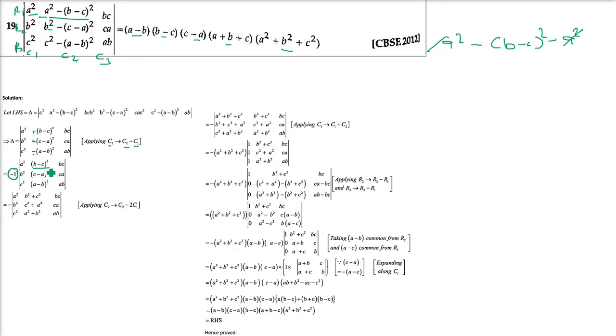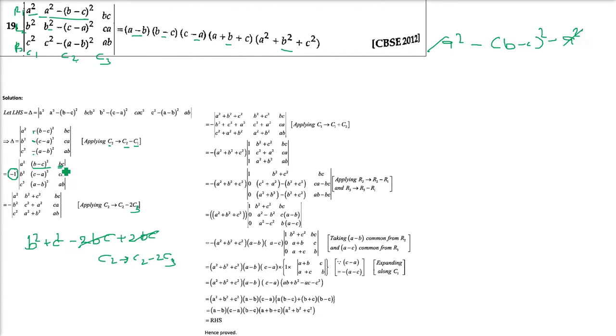So this (b minus c) whole square, we can write it as b square plus c square minus 2bc. And if we add twice the third column, that is twice bc, what do we get? It gets cancelled. So we are changing c2 to c2 plus 2c3.